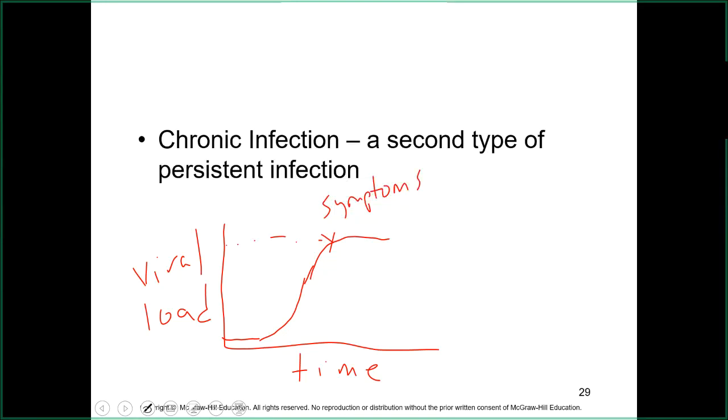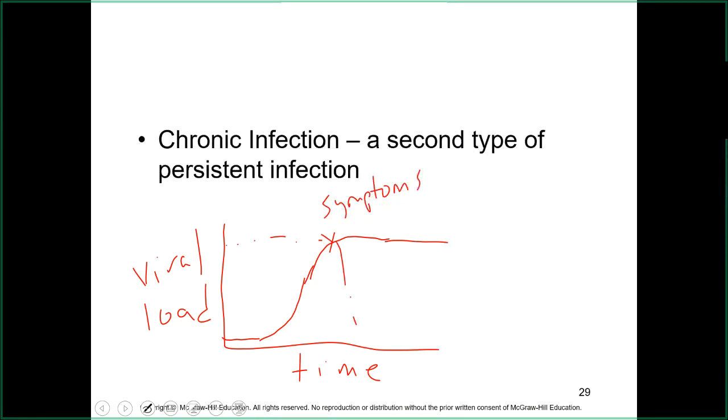So there are some viruses that do this kind of thing. And this goes on, and you display those symptoms throughout the entire period that you're infected, as long as you're still alive. It may terminate with your death in some cases if it's really extreme, but it never goes back down here to dormancy. That doesn't happen.